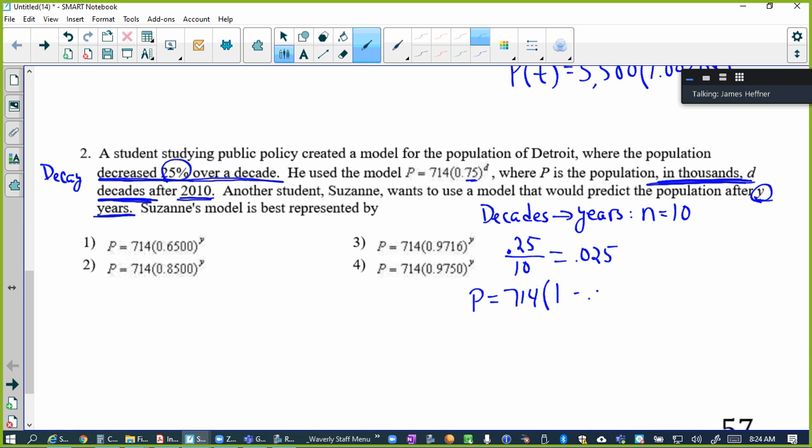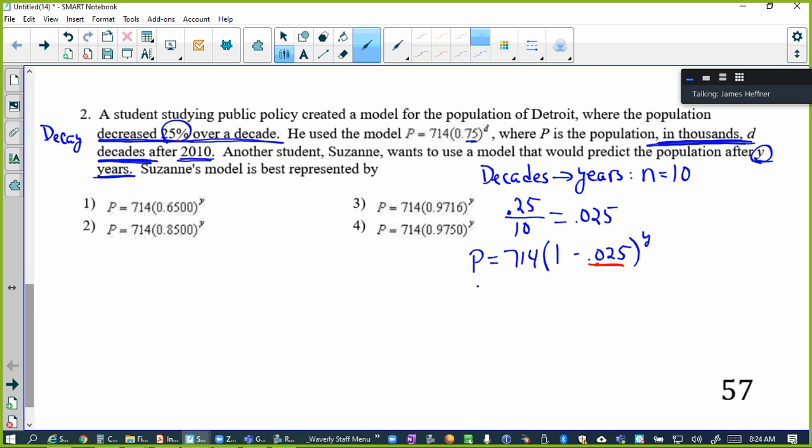Minus 0.025, right? To the y they're using. So that makes sense, right? If the original model was in decades and it went down 25%, it's going to go down less than that every year, right? So only like 2.5%. But let's do that subtraction.